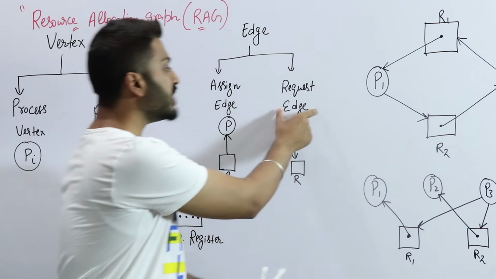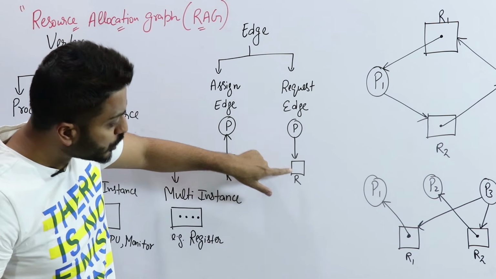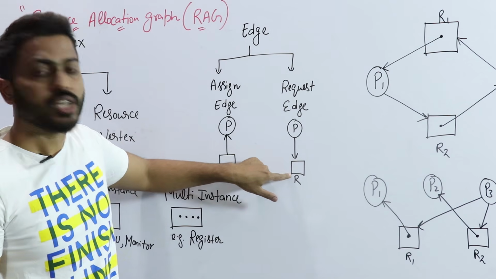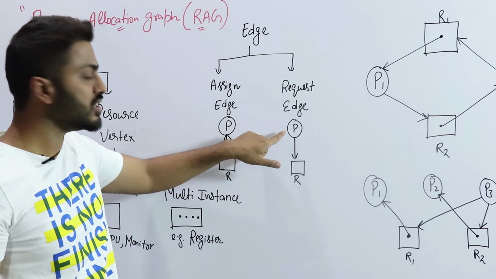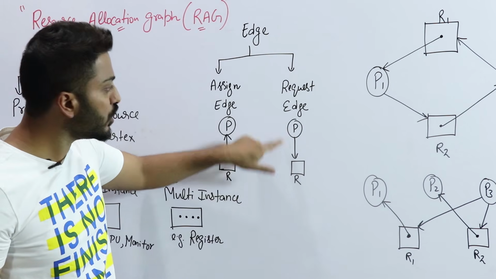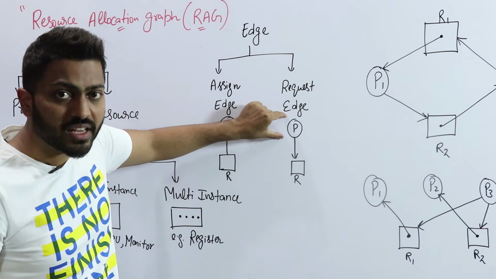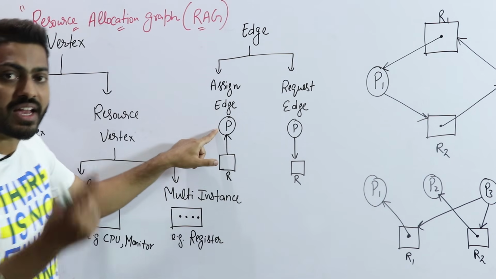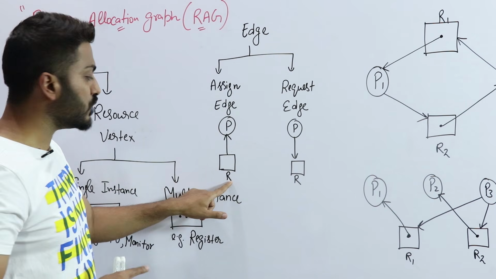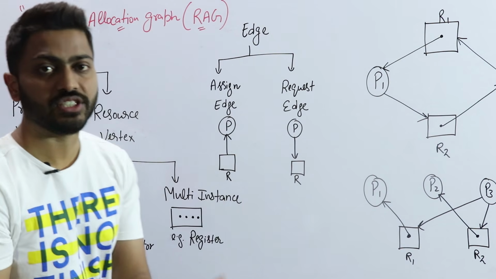And the request edge: if the arrow is going from the process towards the resource, where R means resource and P means process, then we call it a request edge. Here P is requesting a resource, and here P has already taken a resource R. This is how we represent a normal RAG.